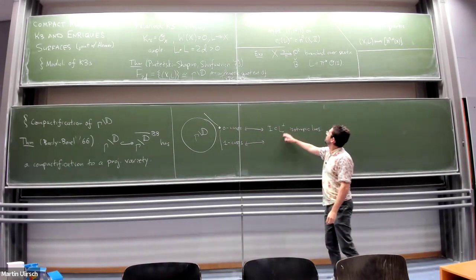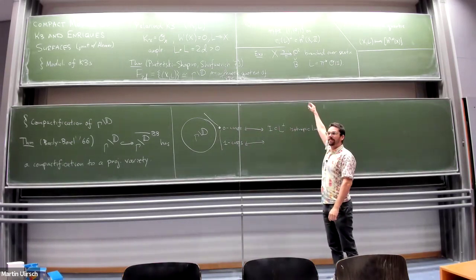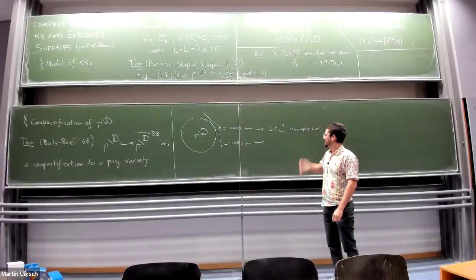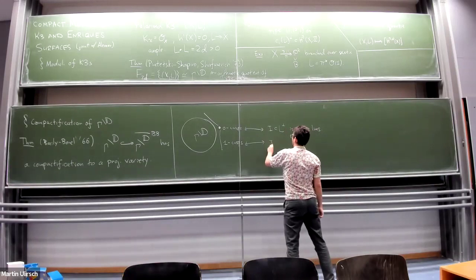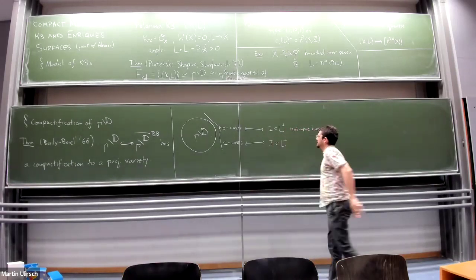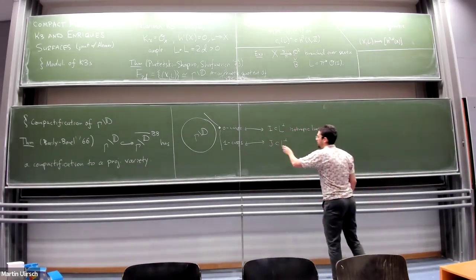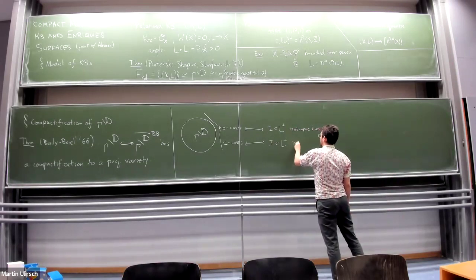L is the polarization, and then taking the perp of L in H2. And the 1-cusps correspond to isotropic planes.